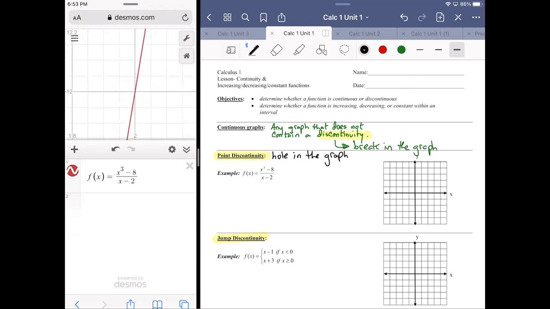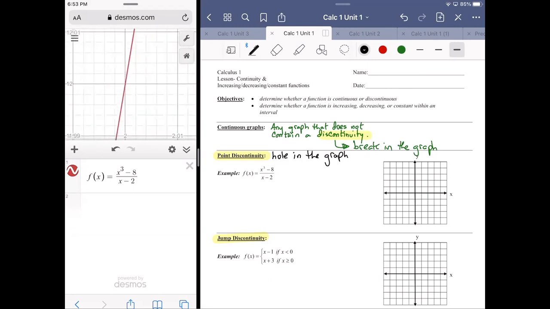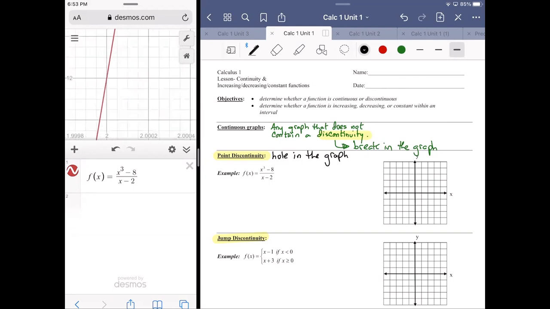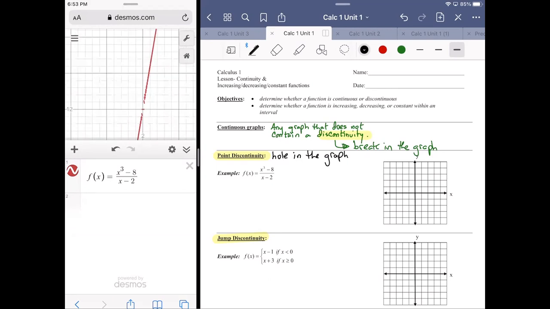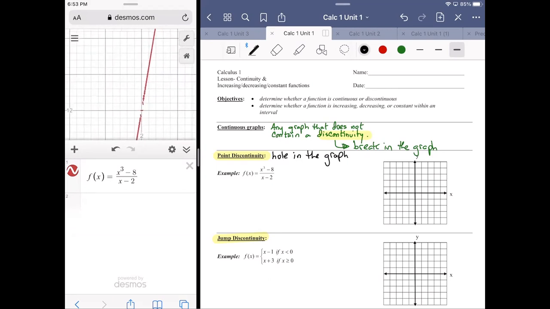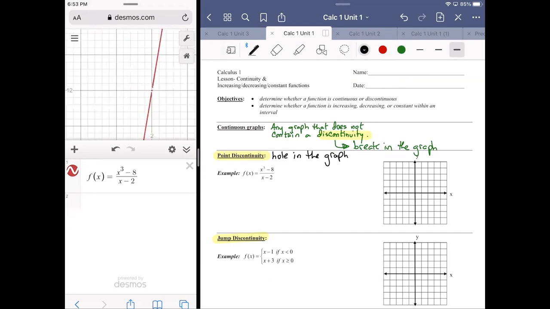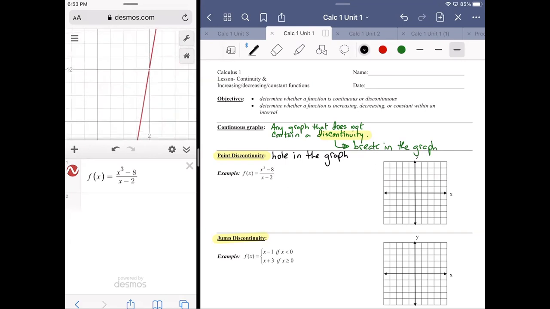All right, if I zoom in, eventually I get to a zoom factor where the calculator's like, yeah, there's no point here, but I don't really know how to represent a one-dimensional feature on a two-dimensional graph. All right. But it's one hell of a zoom factor in order to get in there.